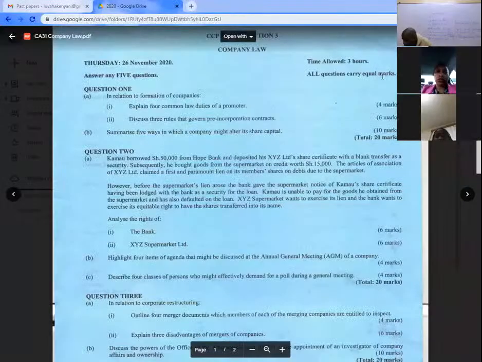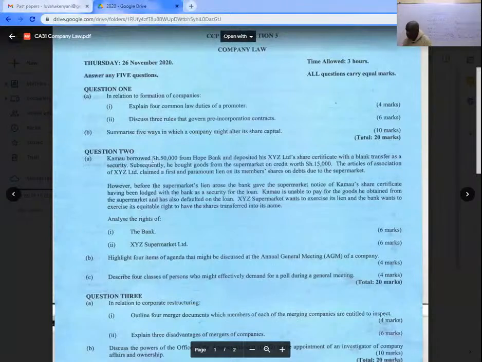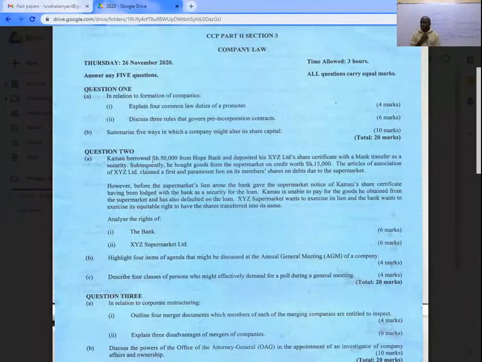We can look at that question I've just shared, question 2. You can look at it for a minute. Look at that particular question, question 2A, and what it says.